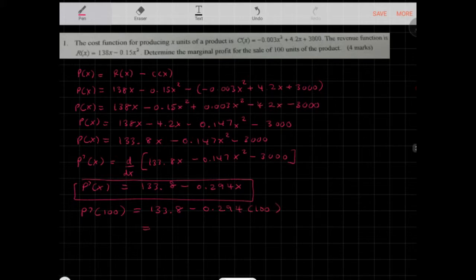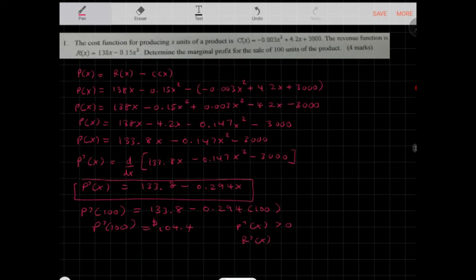And in this case, 133.8 subtracted by 0.294 times 100 is going to give us 104.4. Okay, so this is basically our marginal profit at selling 100 units. So it's $104.4, right?